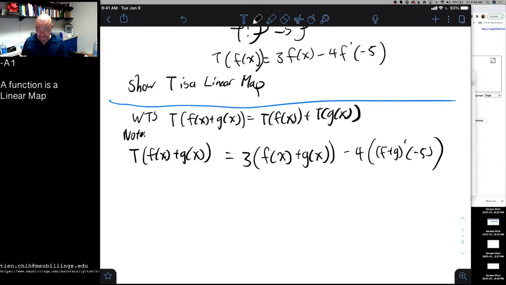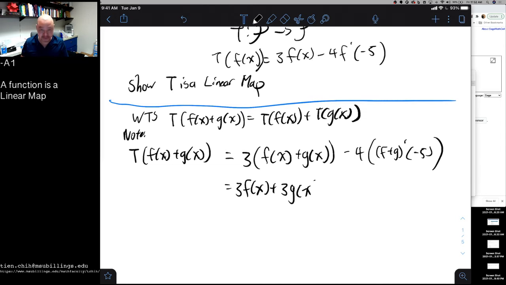Now, one thing we should note is that multiplication is distributive. So in this first term, I can go ahead and distribute that 3 through.